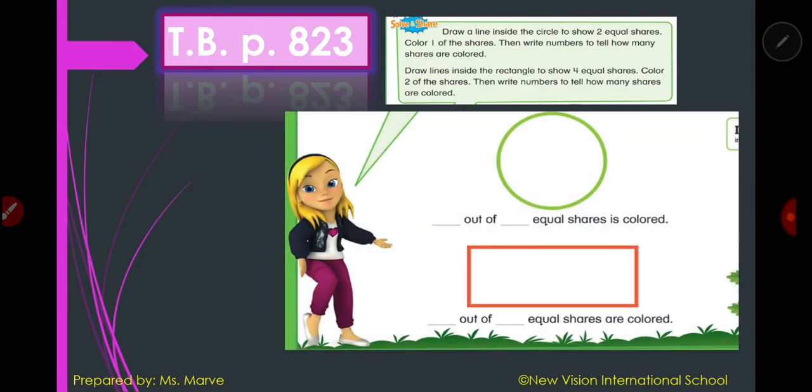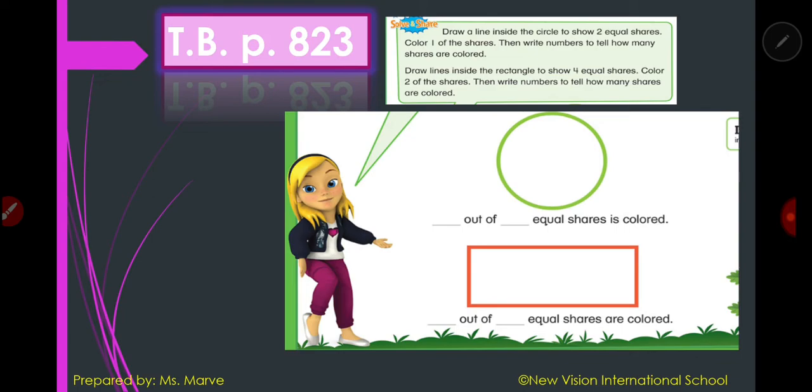So, here, what are you asked to do? Remember, you are going to divide shapes into equal shares and color some of the equal shares. What do you know about the shapes? They are different. So the ways to divide them will be different. Okay? So here are some of the guiding questions that you need.